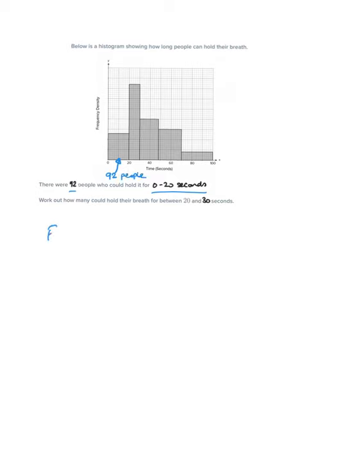Now, if you remember, the frequency density is equal to frequency divided by class width. So I know that the frequency is 92 and the class width is 20, and 92 divided by 20 is 4.6. And this is the clever bit. We know that up to there has to be 4.6.